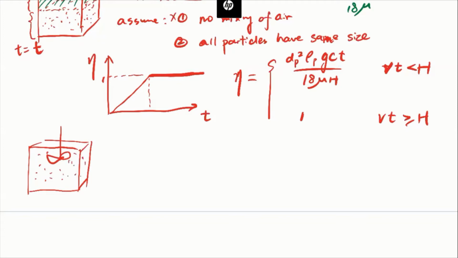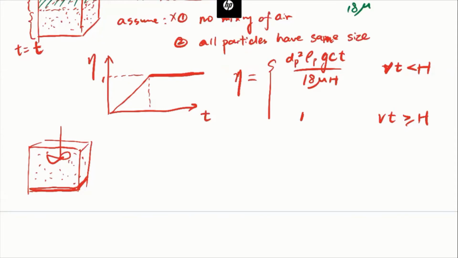Now we know that the particles settling down are those at the base. After a certain time, the particles settle down for a certain distance, and once they hit the ground, they're basically removed. But all the remaining particles can still get suspended up to the top.